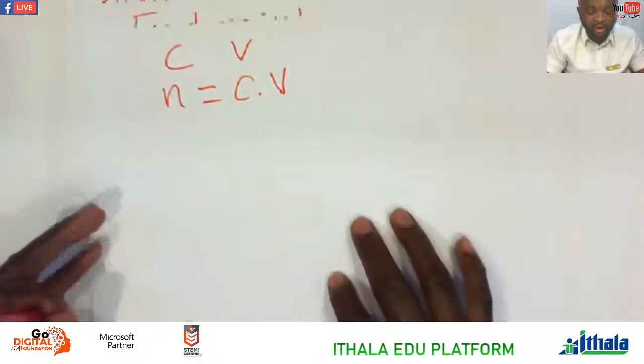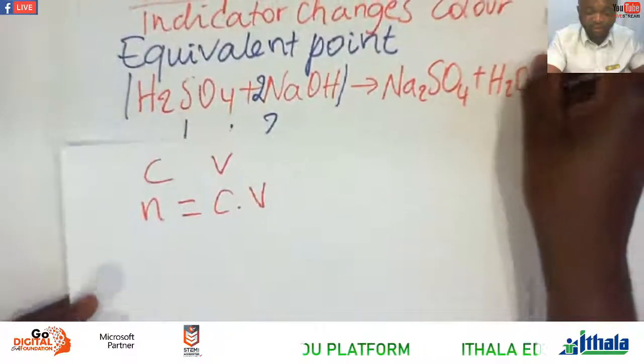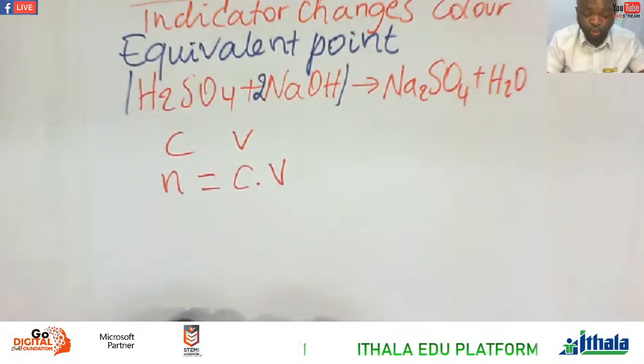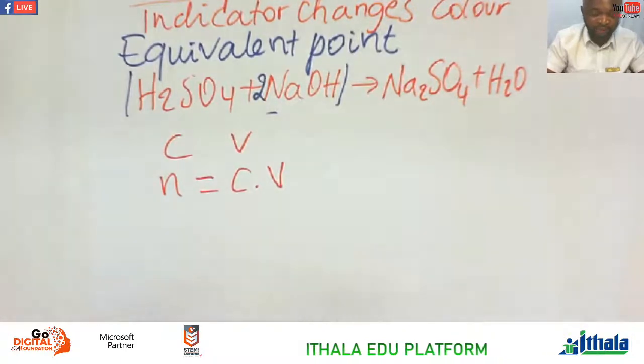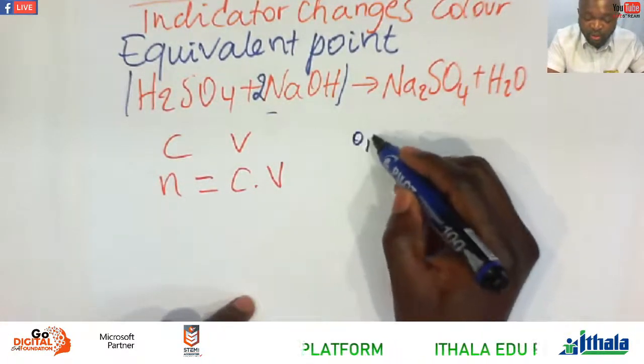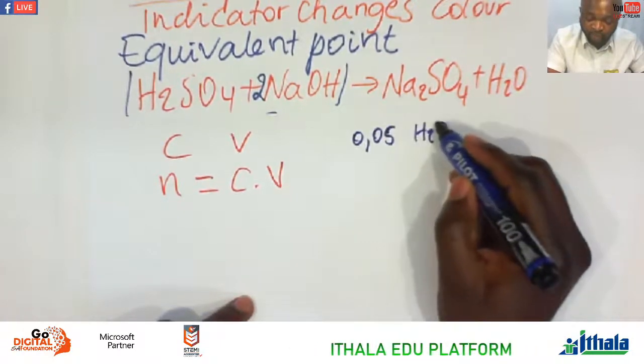Now, because the reaction changes with the balancing of the equation, like in this case 1:2, the ratio is 1:2. It means if I use 0.05 for H2SO4.